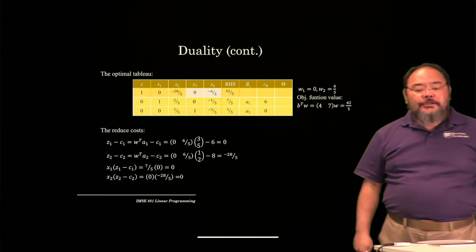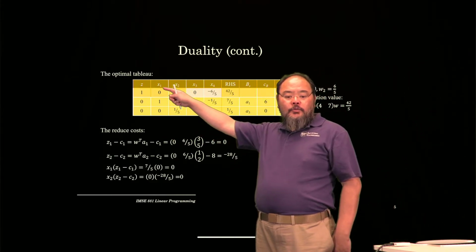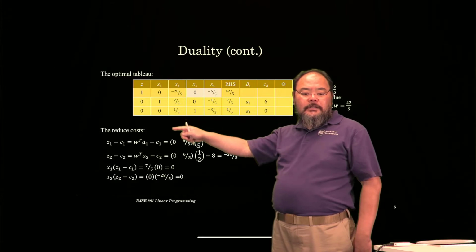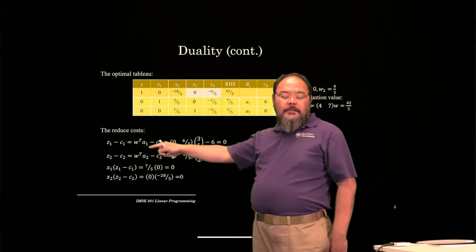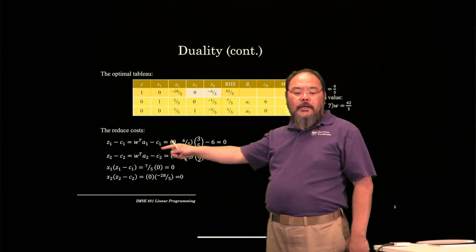Look at their zj minus cj portion. x1 is the basic column, so its corresponding zj minus cj equals 0. Let's take a look and see if that works out. So z1 minus c1 equals omega transpose times a1 minus c1.